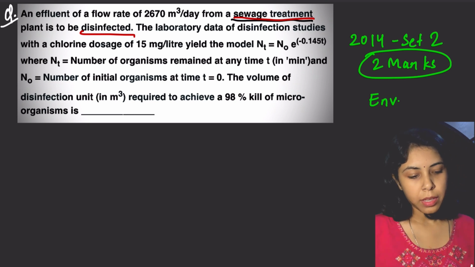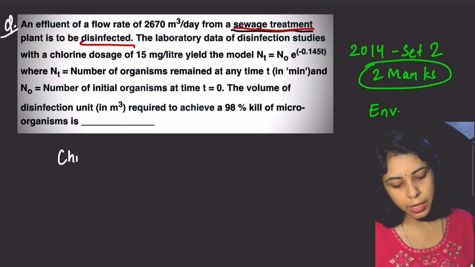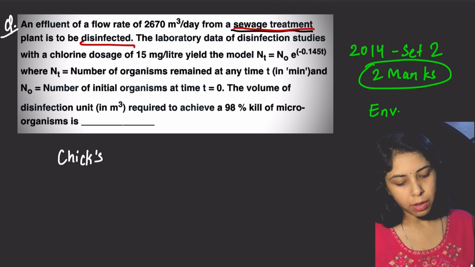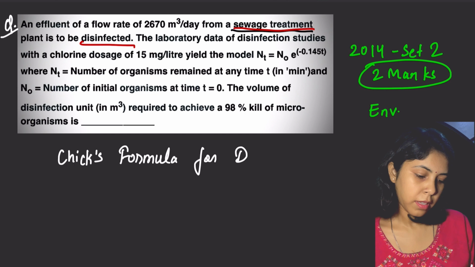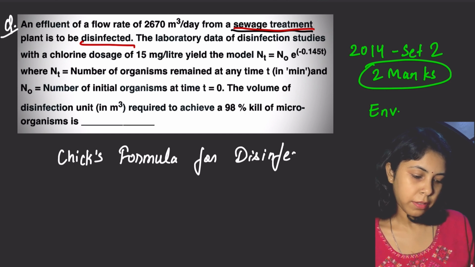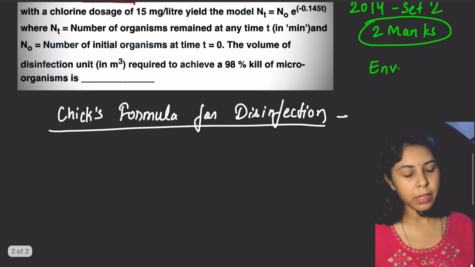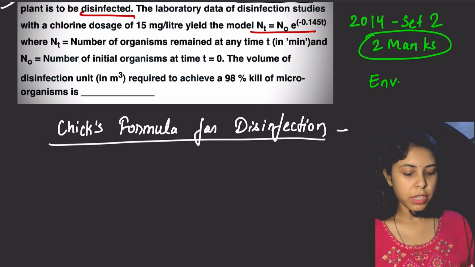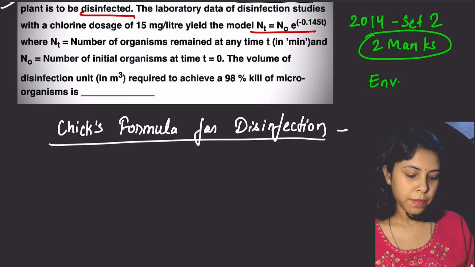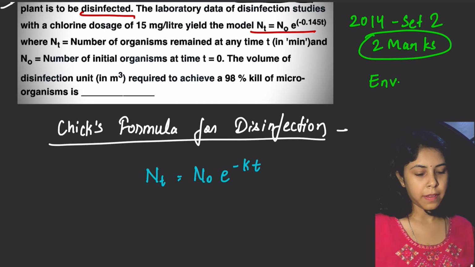See, in this question they have already given the Chick's formula for disinfection. Now what is this Chick's formula that they have given here? In general, if I write the Chick's formula, that is NT is equal to N0 e to the power minus kt, right?